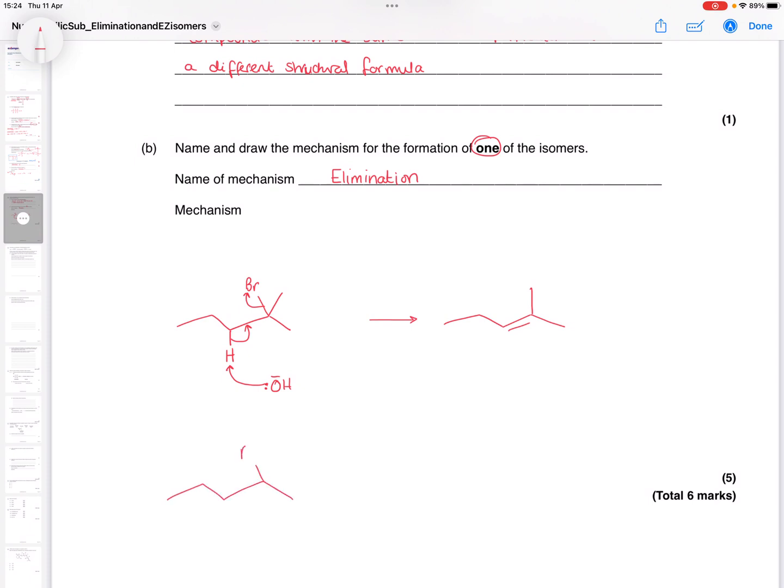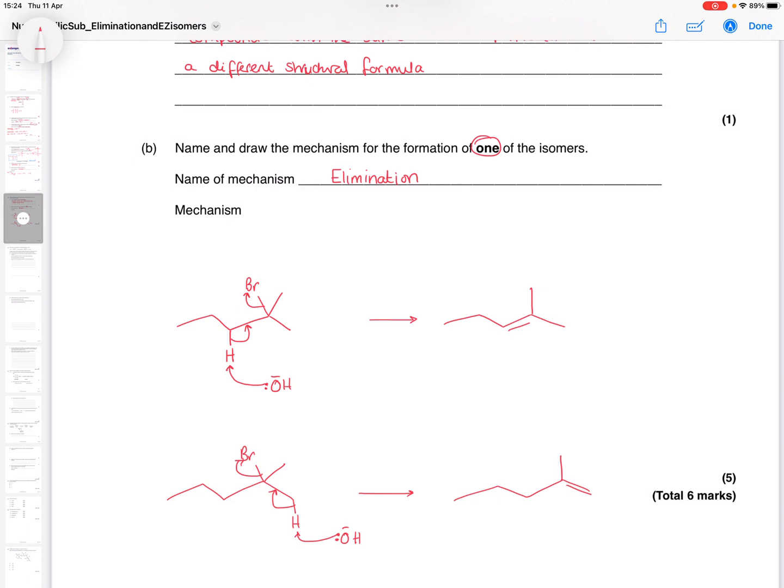We could have had hydrogen here, that would have given rise to this isomer here. And in fact, we wouldn't have had E or Z because in both situations we've got the same group on the end of the double bond.